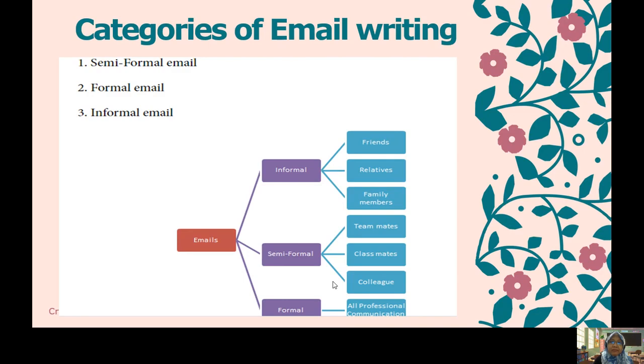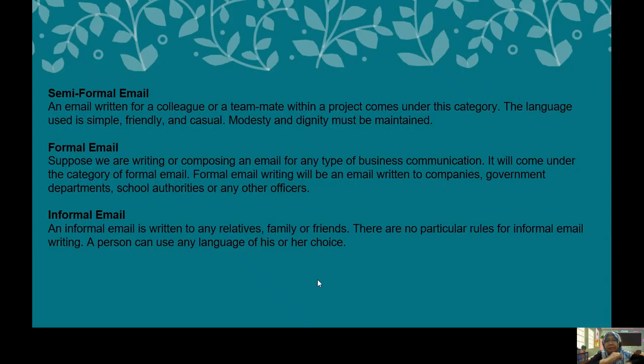All right, so the meaning of semi-formal email. An email written for a colleague or teammate within a project comes under this category. As for example, you have group members, so when you want to write to one another, you use semi-formal email.